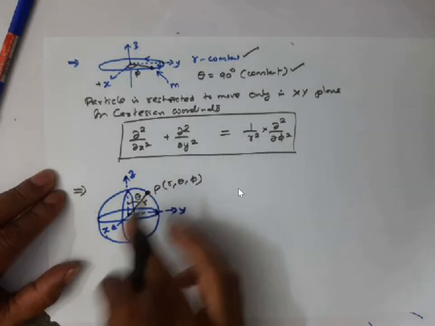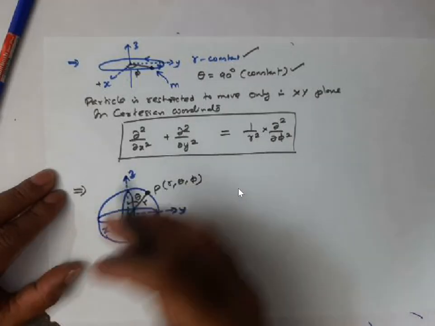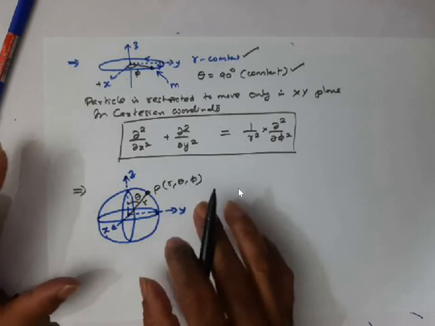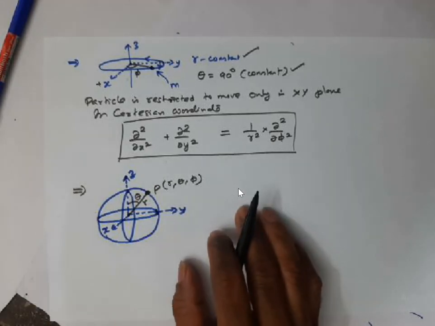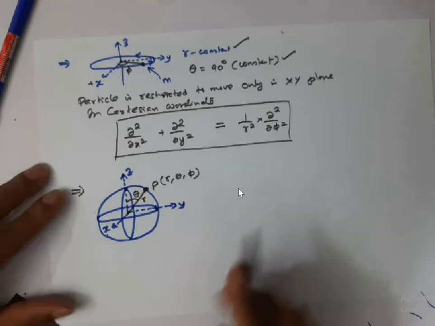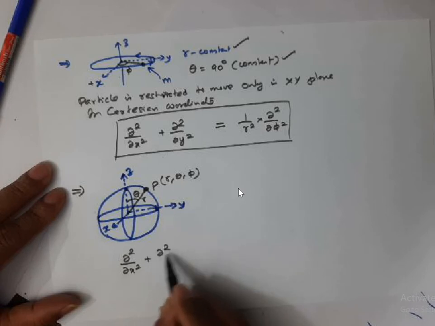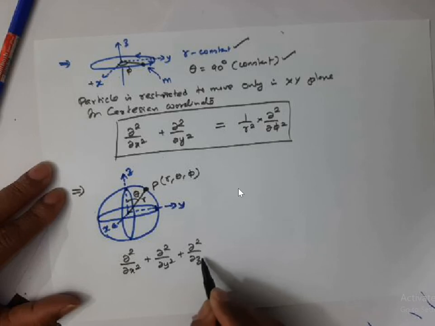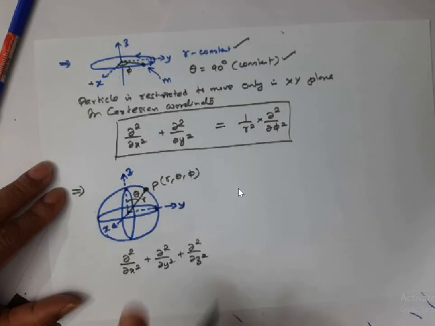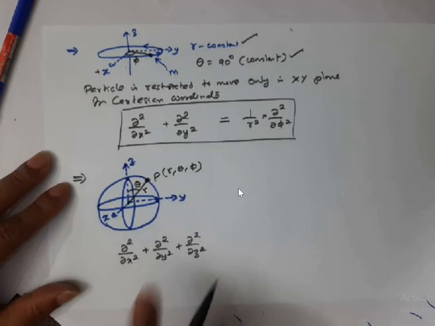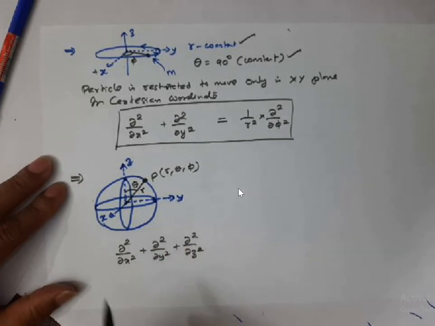Suppose the particle is moving on a sphere. In this case you require this operator in the Hamiltonian: ∂²/∂x² plus ∂²/∂y² plus ∂²/∂z².